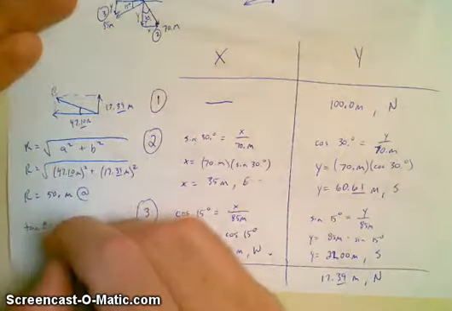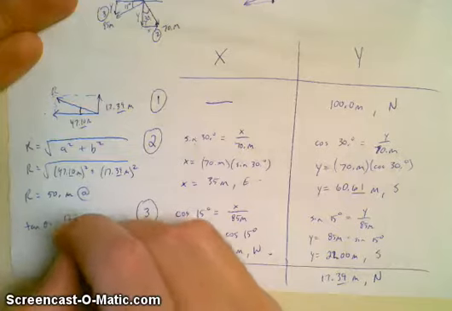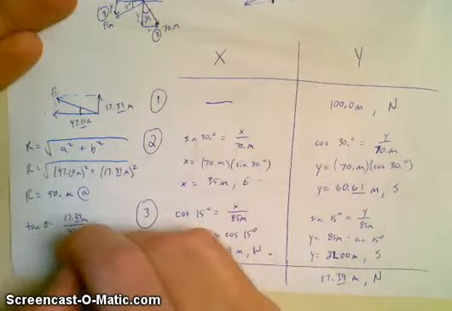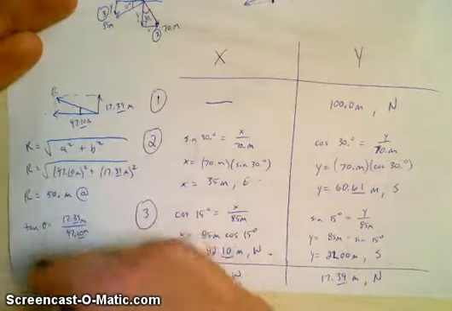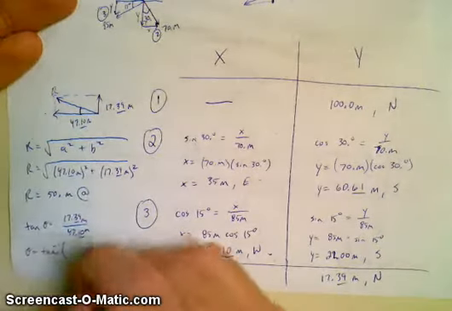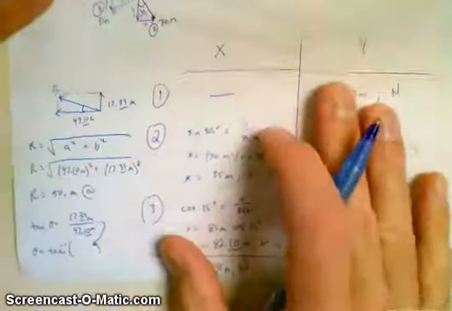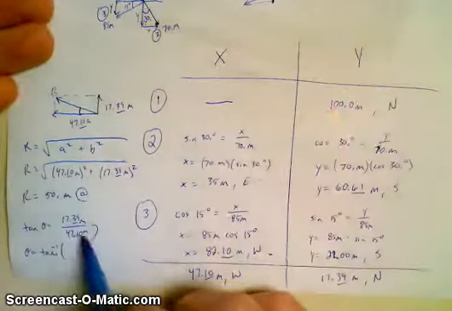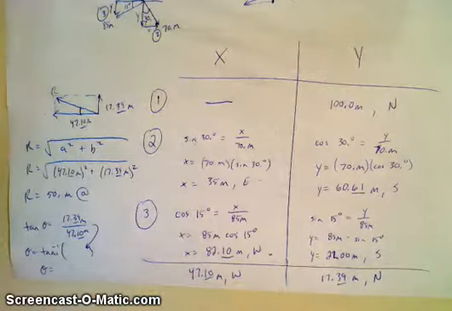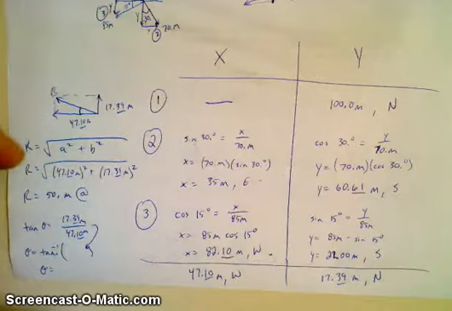This is going to be opposite, which is 17.39 meters, divided by my adjacent of 47.10 meters. I'm taking the inverse tangent of that value. Again, I can use an arrow. I'm okay with arrows, so you don't have to rewrite all those numbers again. On your calculator, 17.39 divided by 47.10, inverse tangent.